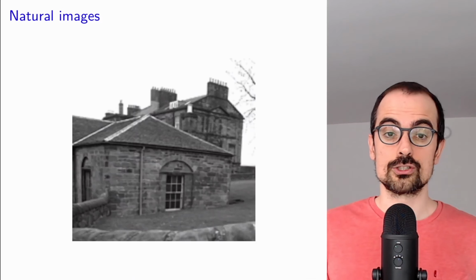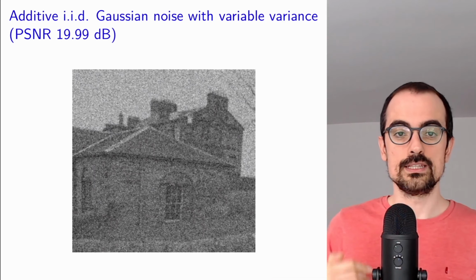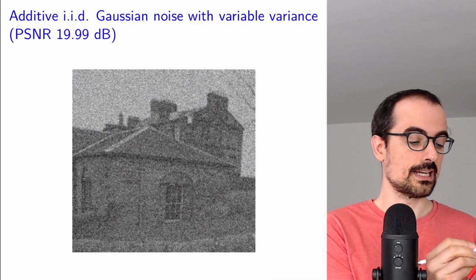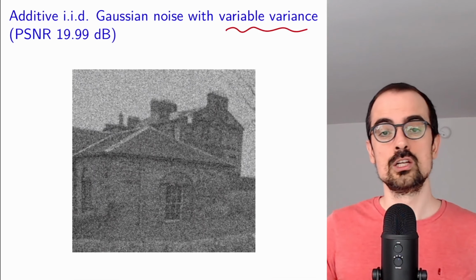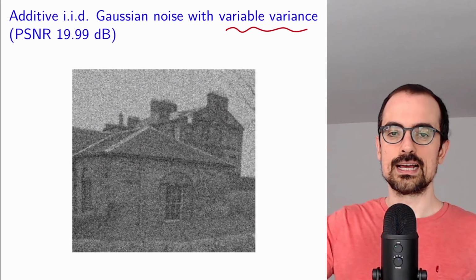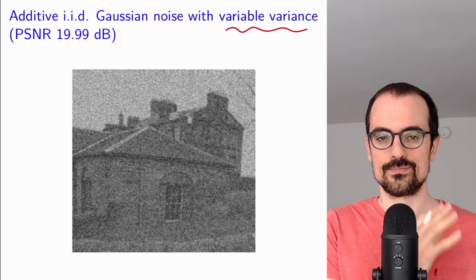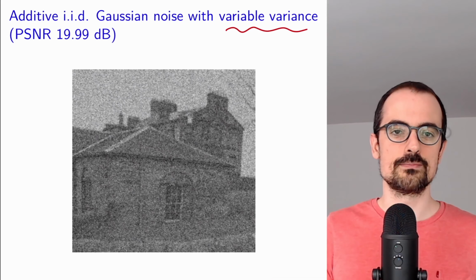We do the same thing for a data set of natural images, where we also add independent Gaussian noise, but in this case it has variable variance to mimic the fact that when you take pictures with a camera, you often have different amounts of light, and this affects the noise that can be present in different images.